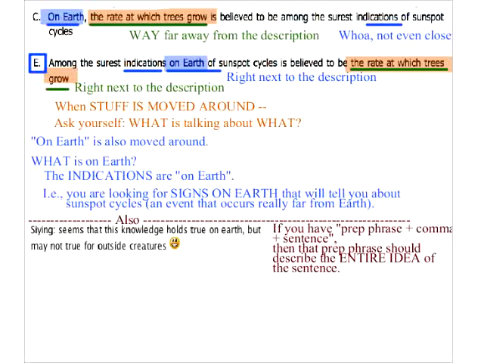If you say something like, in Louisiana, comma, hurricanes are said to be a manifestation of God's anger, versus hurricanes in Louisiana are said to be a manifestation of God's anger.